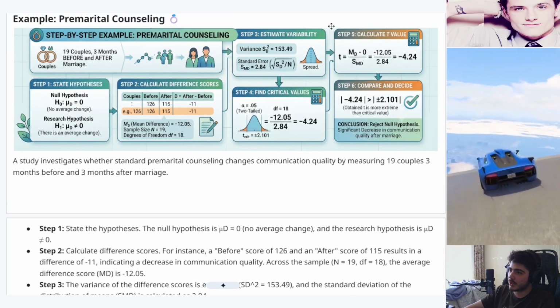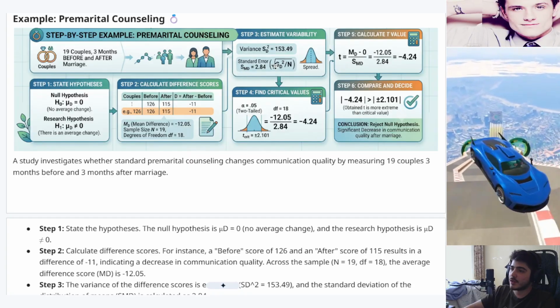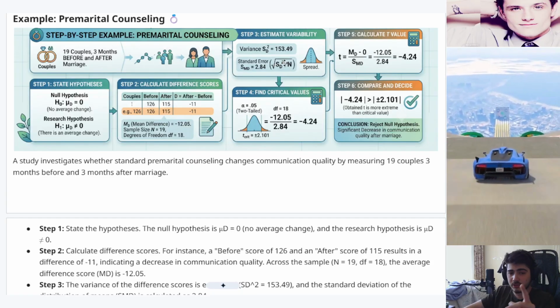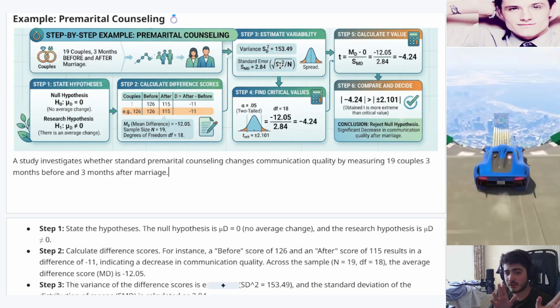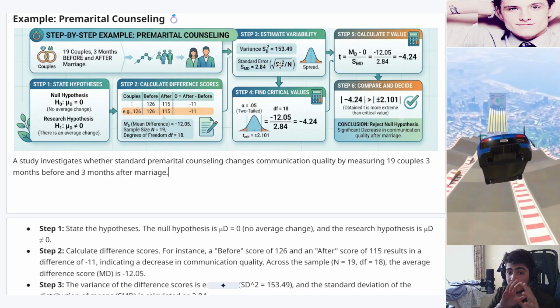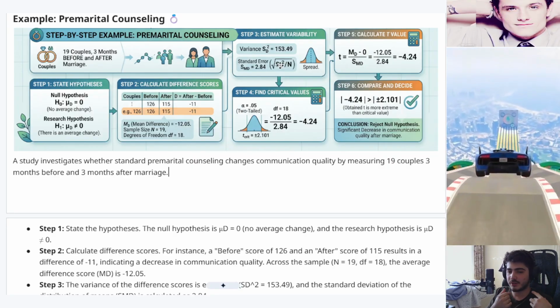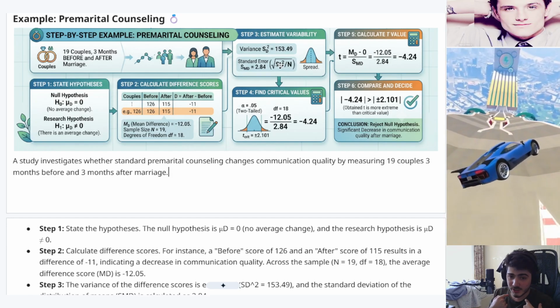So we estimate the variability, we calculate the standard error. S2 just means variance. S stands for spread, which is standard deviation for our case.